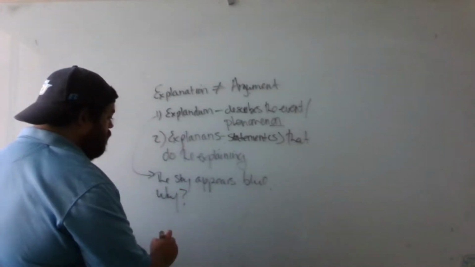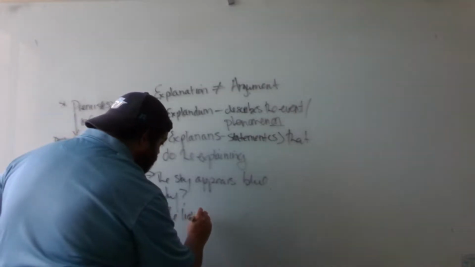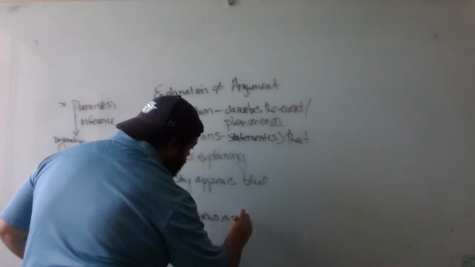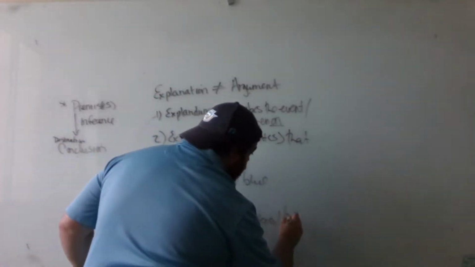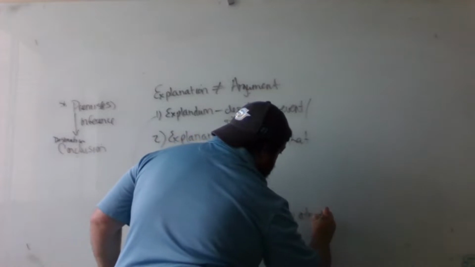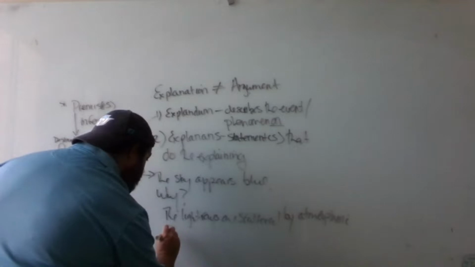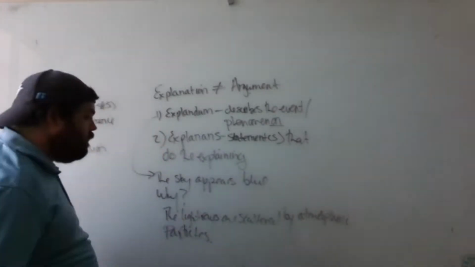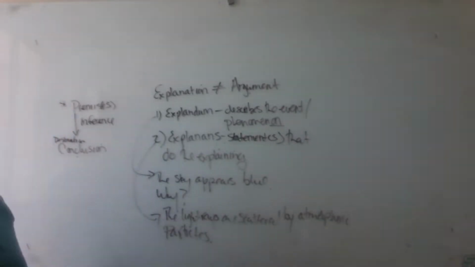Well, the light rays are scattered by atmospheric particles. There's obviously a more detailed explanation, but I'm not a scientist. But number two is the explanans. Okay.